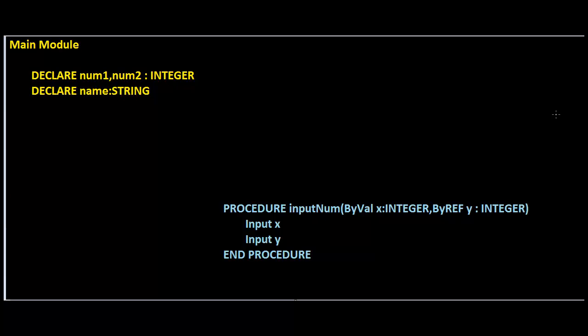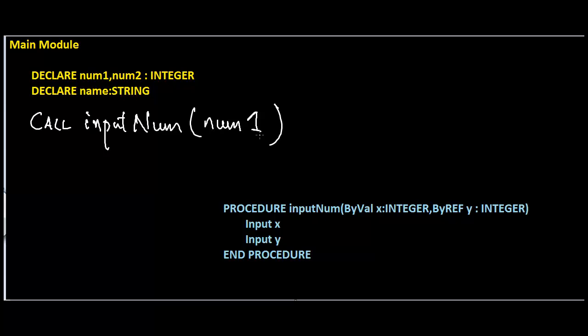Okay, so how about this call? If I say call input num and I pass num1 as a parameter, will this be accepted by the compiler?